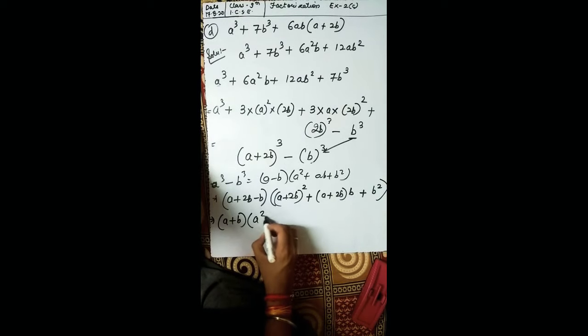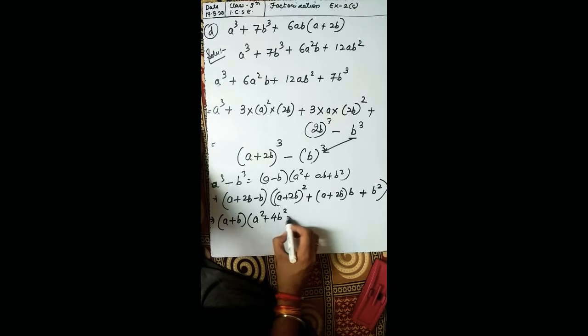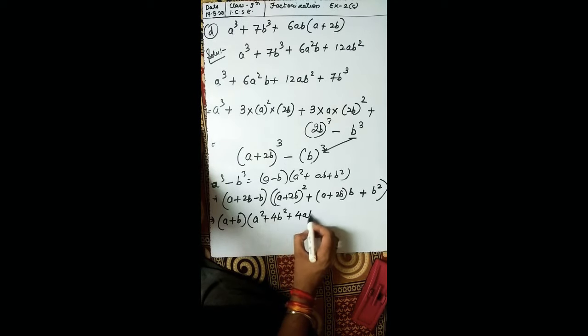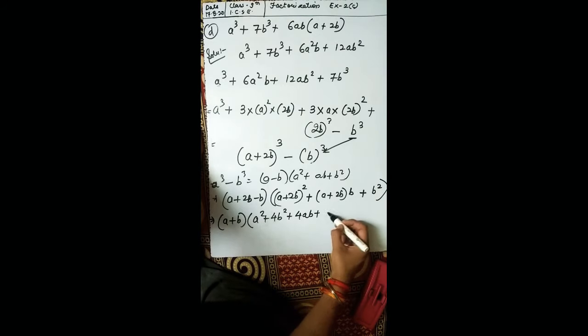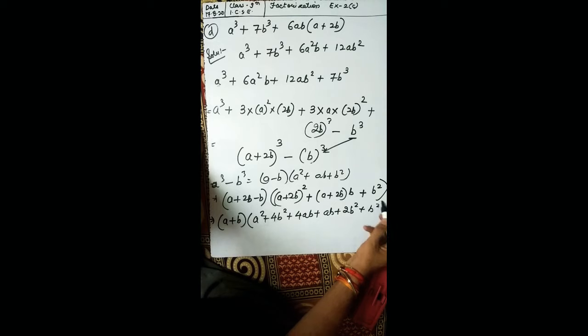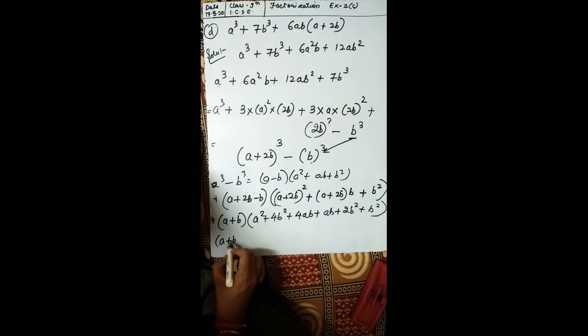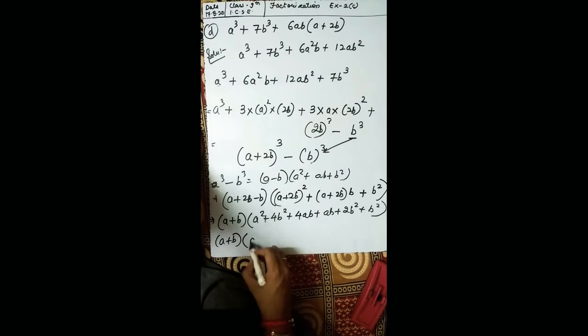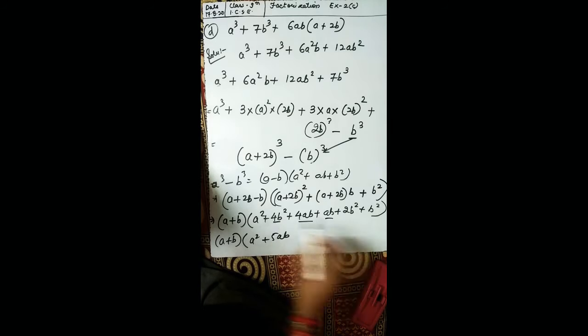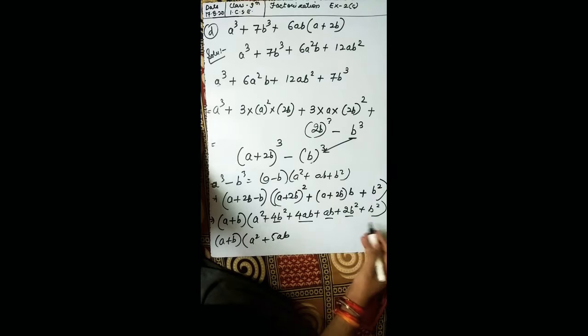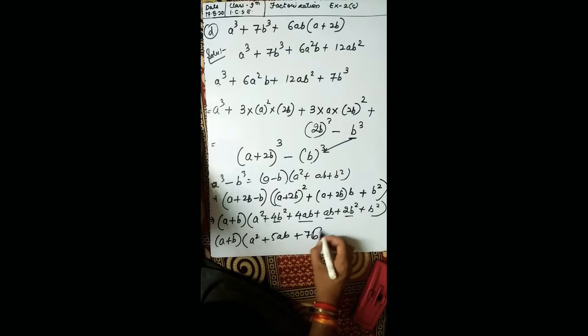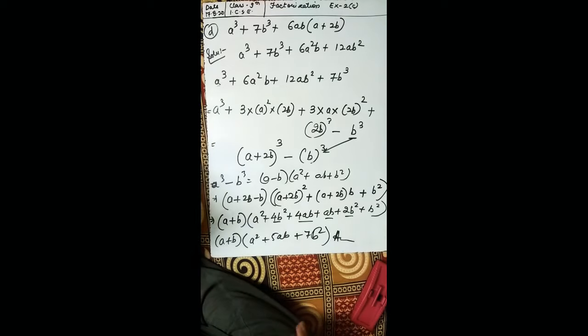Open the identity: a square plus 4b square plus 4ab plus, multiply this inside, so ab plus 2b square plus b square, then (a plus b) bracket a square as it is. 4ab plus ab will give you 5ab, and 4b square plus 2b square, that is 6b square plus b square will give you 7b square. So this is the final answer.